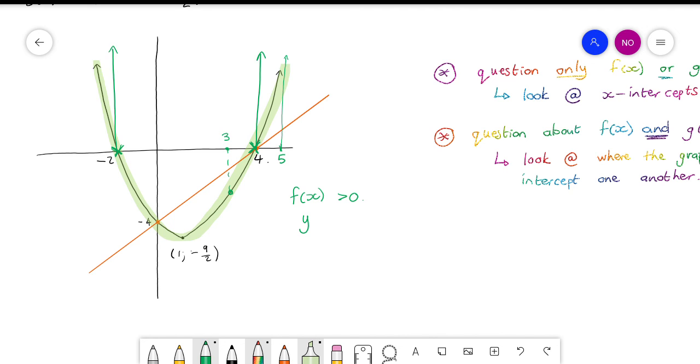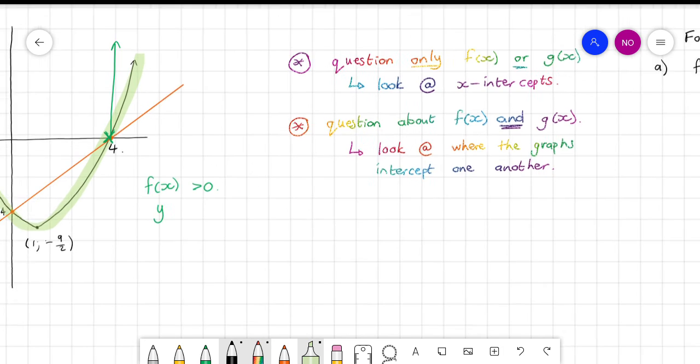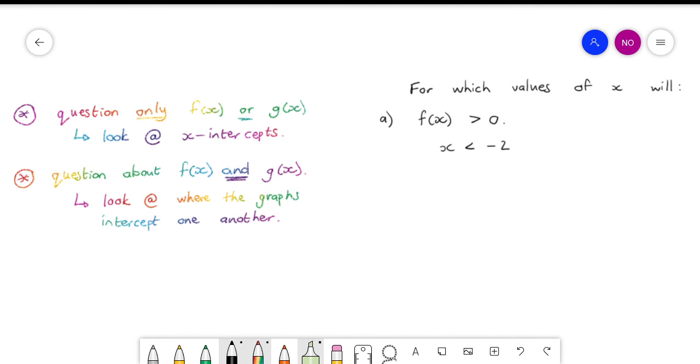Hy lê onder vir daai waardes. So I'm going to say or x bigger than 4. Okay, volgende vraag.